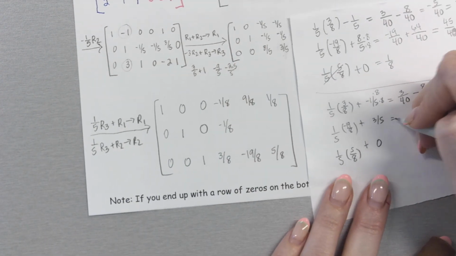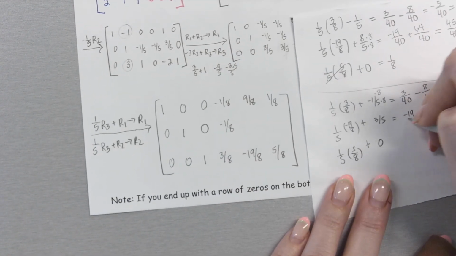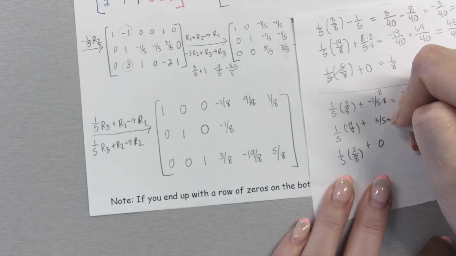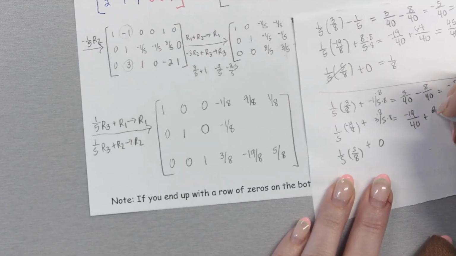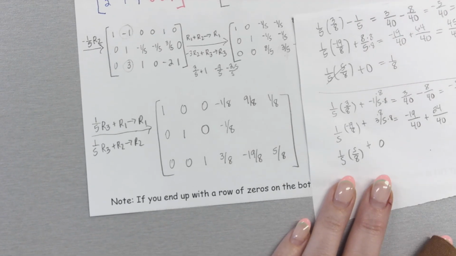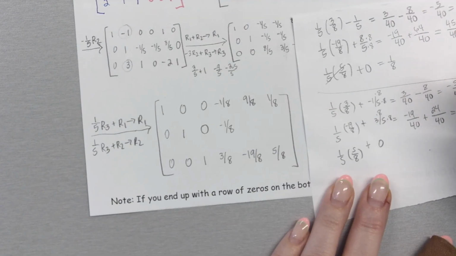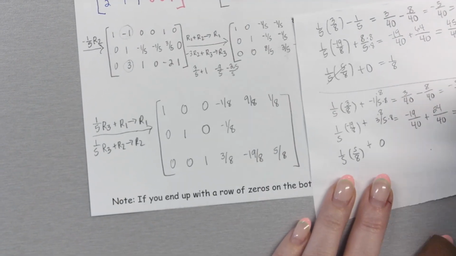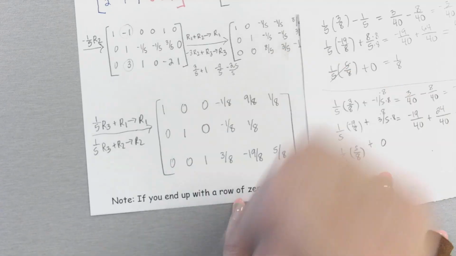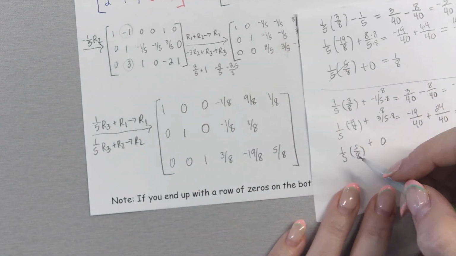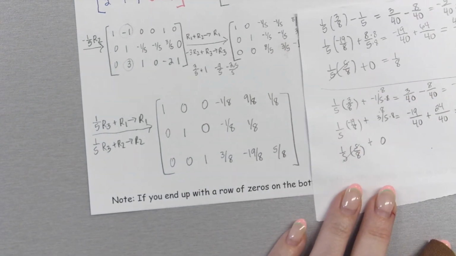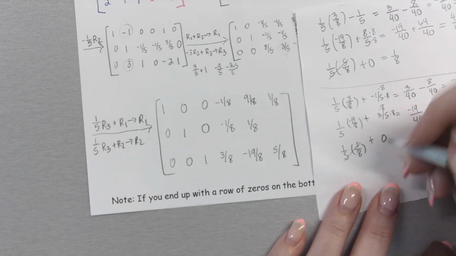Okay, and then for this one, negative 19/40 plus times 8 times 8, 24/40. So I get 5/40, and that's positive 1/8. And then here again, I get the 1/8.